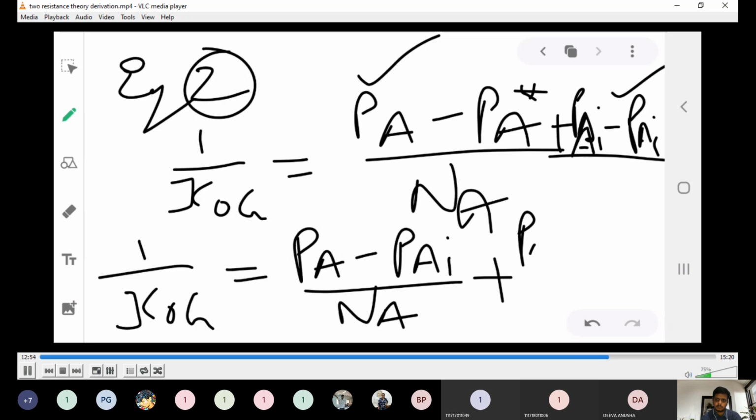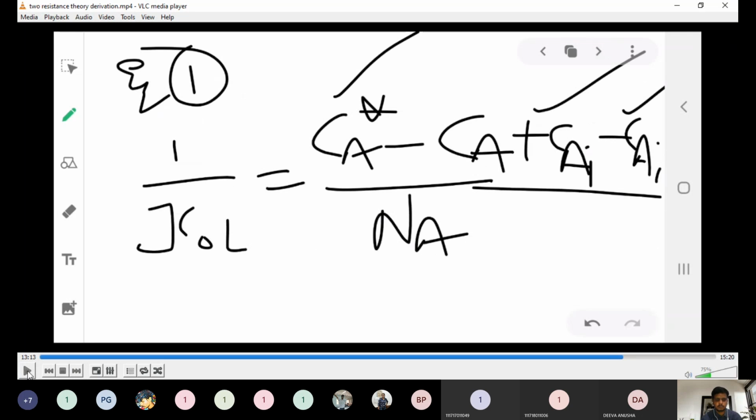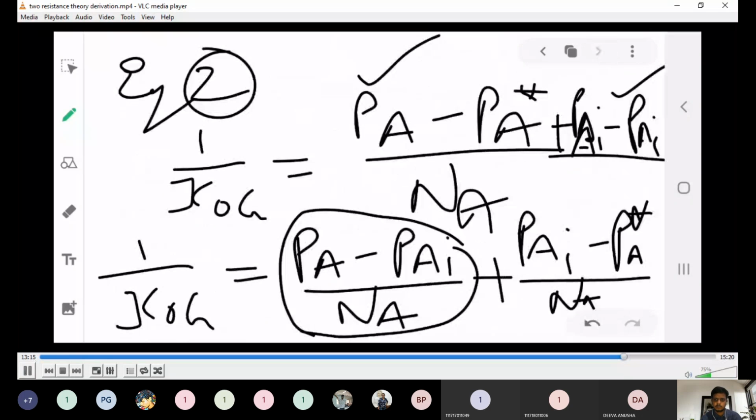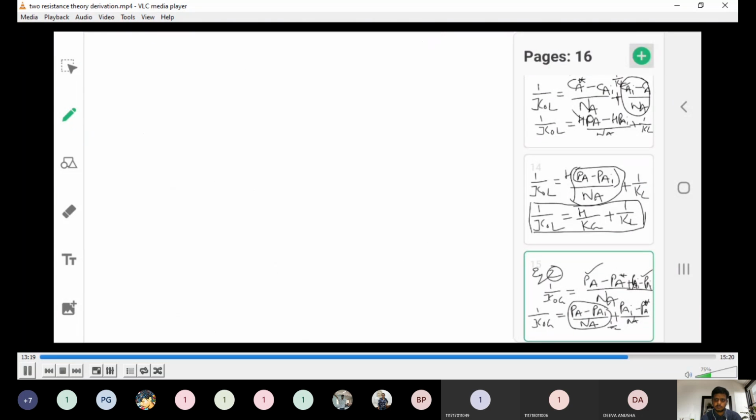Then left out is PAI minus PA star by NA. So this is 1 by kg. This is 1 by kg. Now we can write this one.